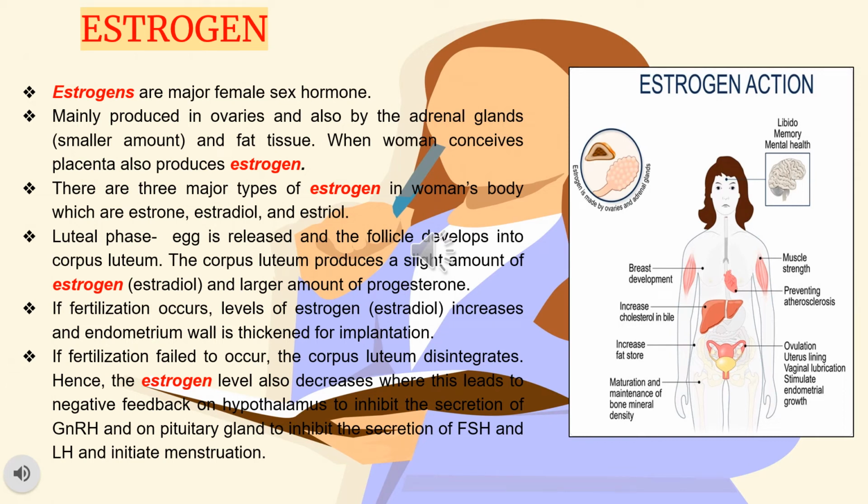Just now, I did mention that estrogen helps in thickening of the endometrium wall. Besides that, there are also other roles which we can see in the diagram on the right side.